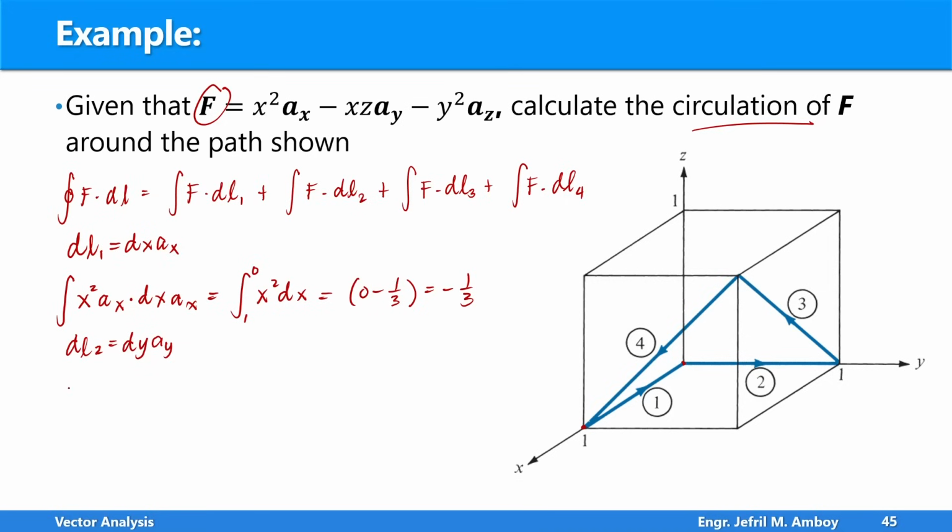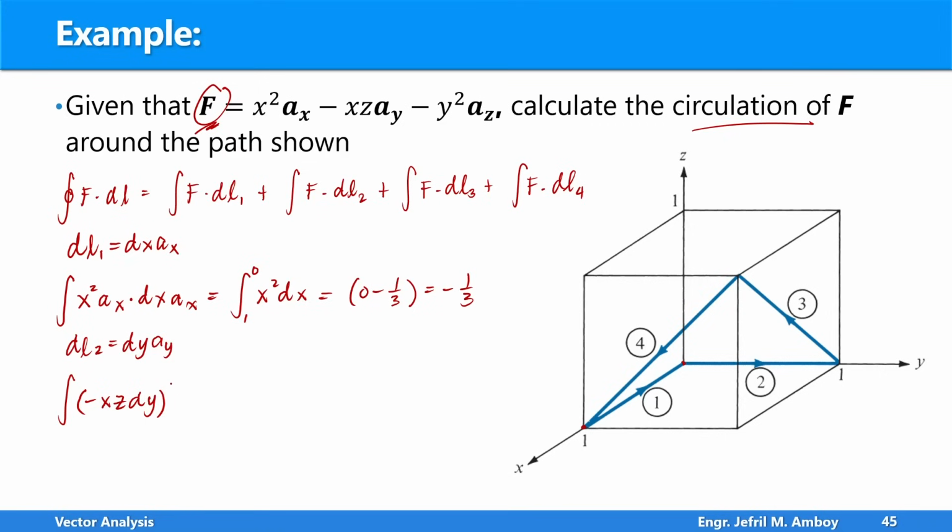Now, for the second line integral, if we get the dot product of this F and dy ay, ax will vanish and at the same time, az will also vanish. What will be left is just negative xz. So here we write negative xz times dy. The ay, I just made it 1.